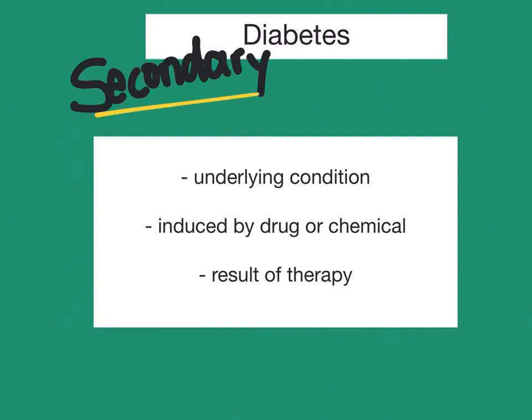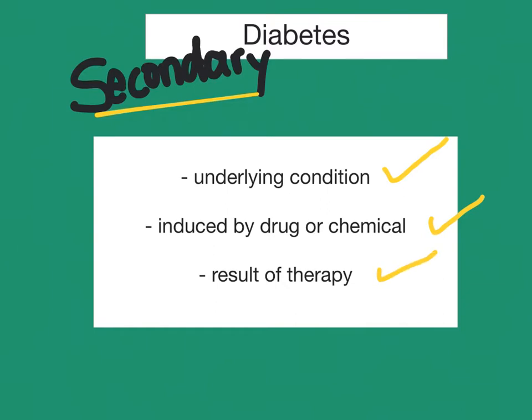The same can also be said when we are talking about secondary diabetes. So what is secondary diabetes? This is when the condition is brought on either by another condition or event. For example, it could be brought on by another underlying condition. It could be induced by a drug or chemical that the patient is taking, or it could be brought on as the result of medical therapy.